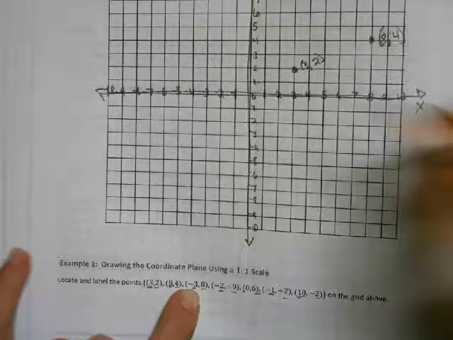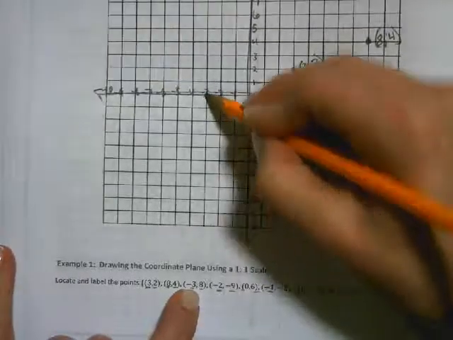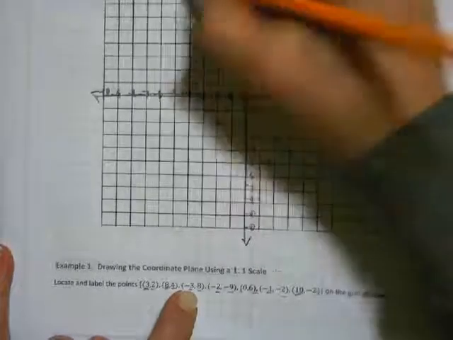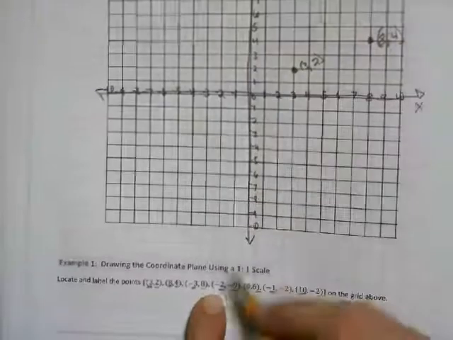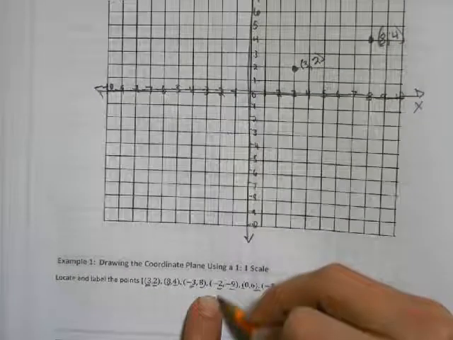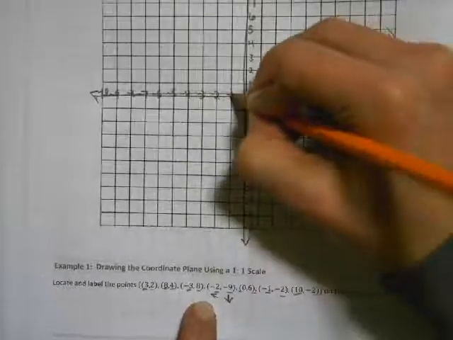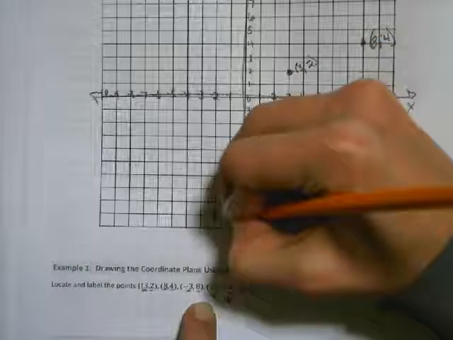So we have 8, 4, which I just did. I have a -3, 8, which means I need to go to the left 3 and then up to 8, which is here. And then -2, 9, which means to the left and down. So that's 1, 2, 1, 2, 3, 4, 5, 6, 7, 8, 9.